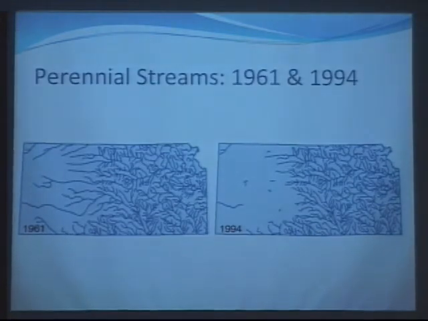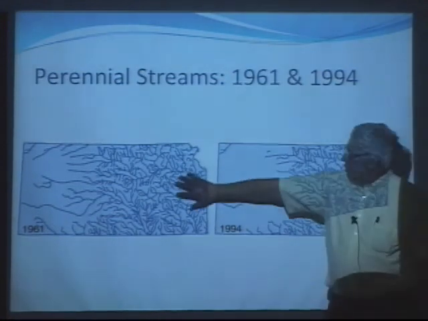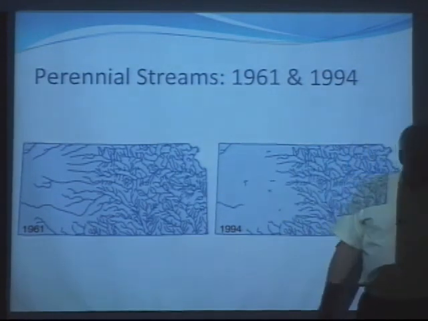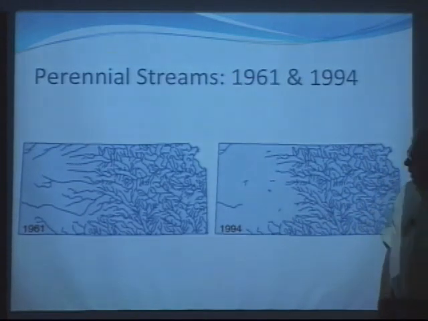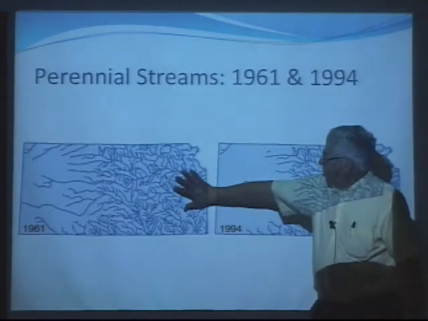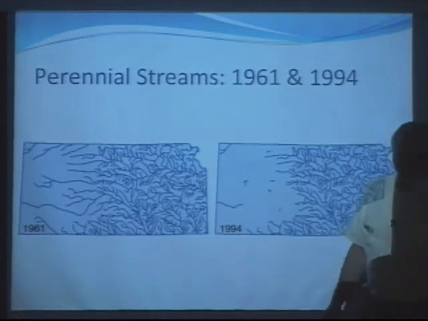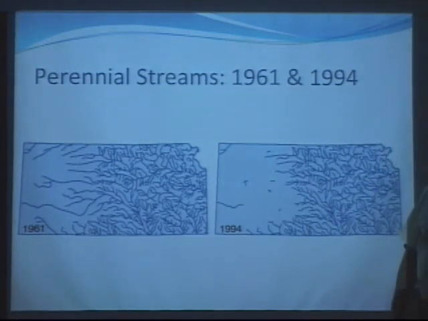So here's the evidence of the impact of irrigation in western Kansas. The blue areas represent perennial streams. And in 1961, this is a map of the areas where streams ran with water flowing in them even during long dry periods.